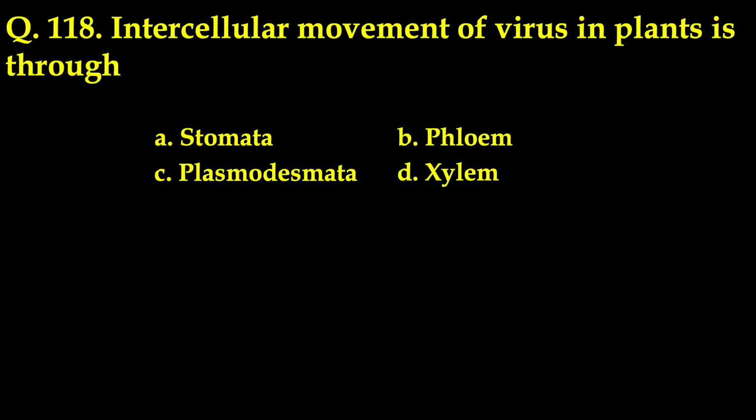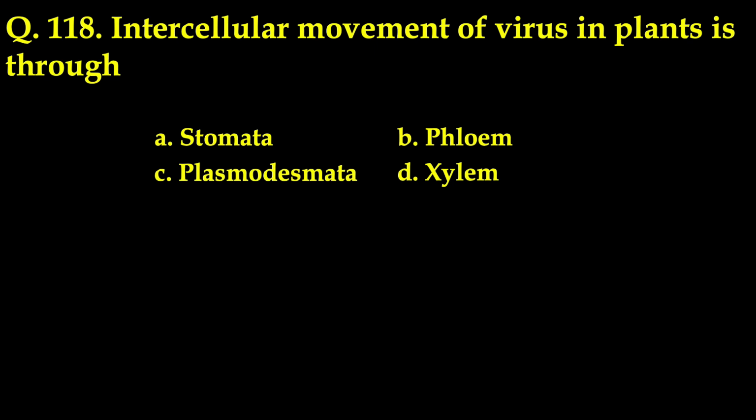Next question is on intercellular movement of virus in plant is through. There are four options: stomata, phloem, plasmodesmata and xylem. Actually, in case of virus, to move from one cell to the next, viruses exploit the channels that plant cells use to communicate with each other.